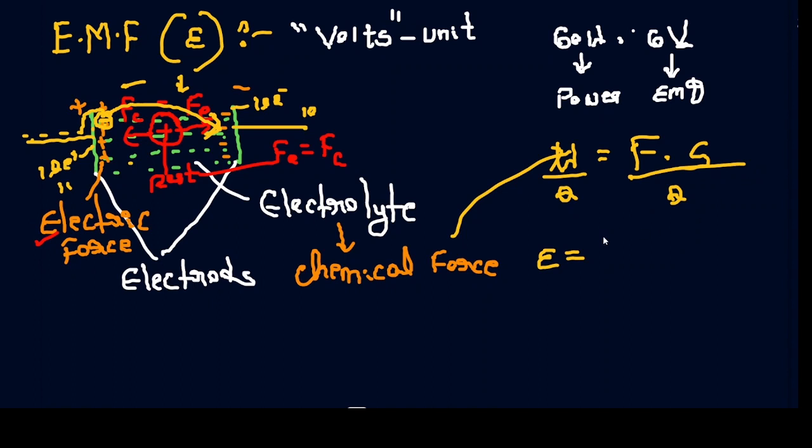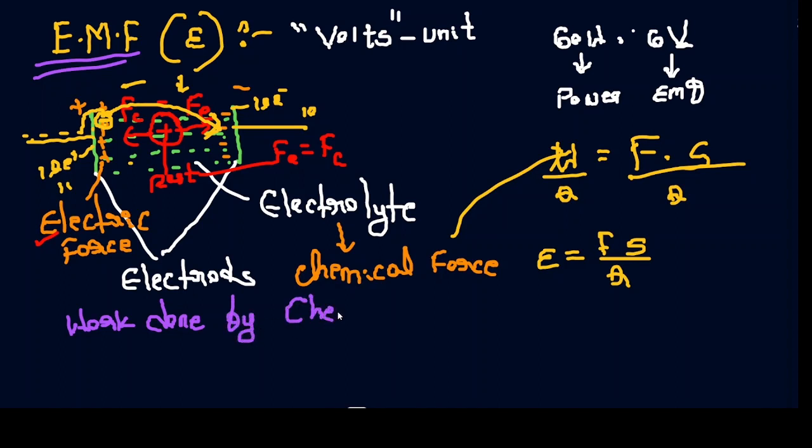So what I'm doing is simply defining it. Observe carefully the definition of potential difference and electromotive force. Here it is the work done, as I mentioned earlier. When you're talking about work done, you have to mention work done by what and on which it is done, right? So here it is work done by chemical force on a unit positive charge.